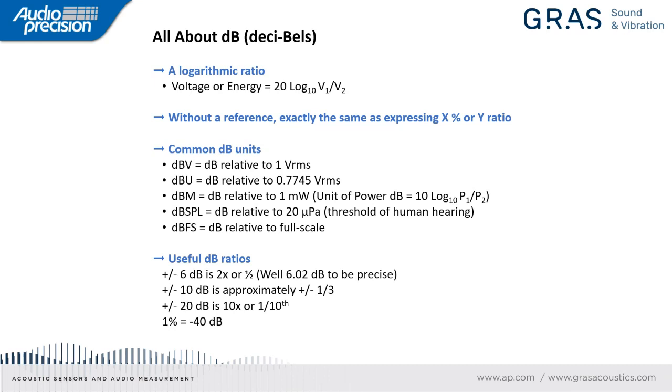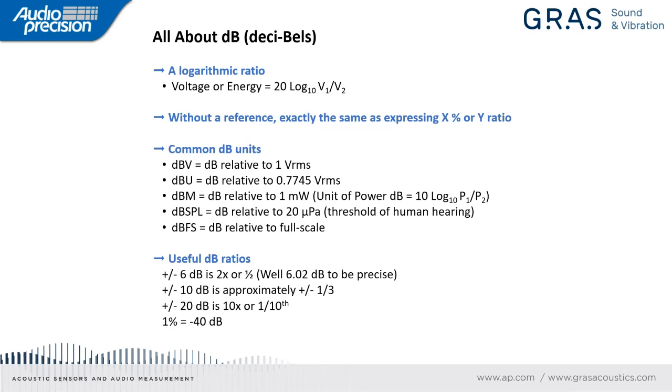Now, a few handy ratios to keep in mind when talking about dBs, so you can do some quick math in your mind: plus or minus 6 dB is double or half. So 6 dBV is 2 volts RMS.